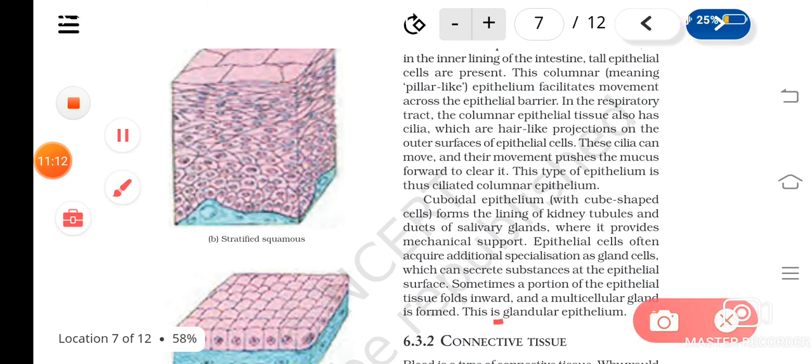That is, when cuboidal epithelial tissues acquire the specialization to secrete at the epithelial surface, it is known as glandular epithelium. Understood? So different kinds of epithelial tissues are there.